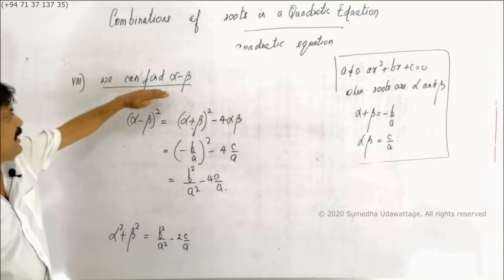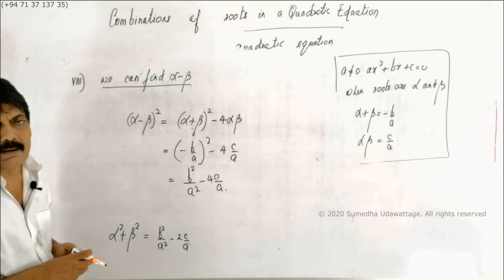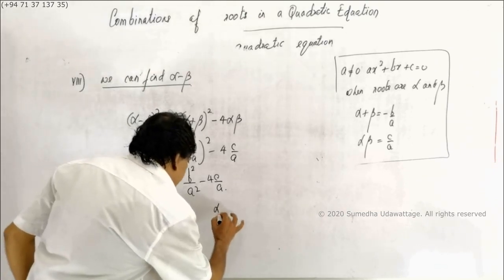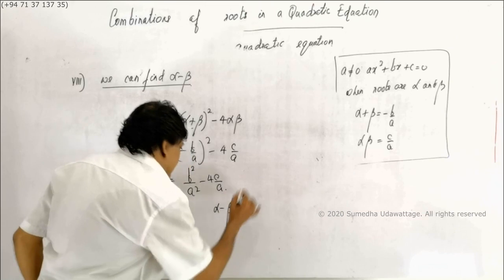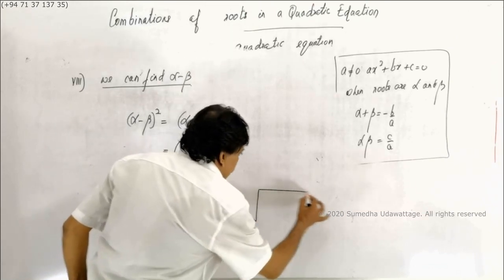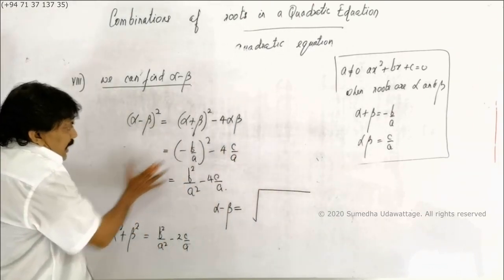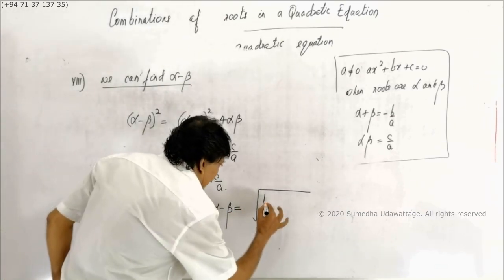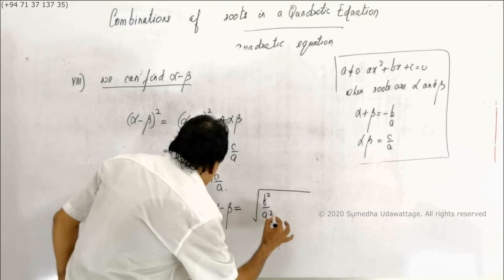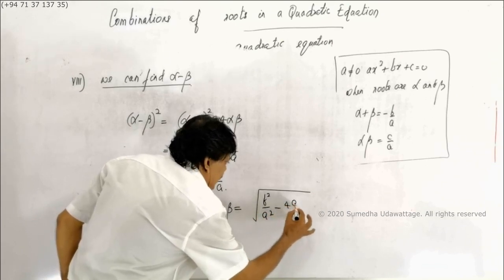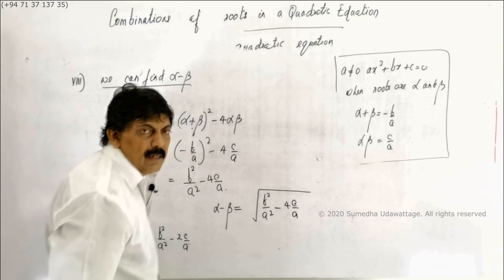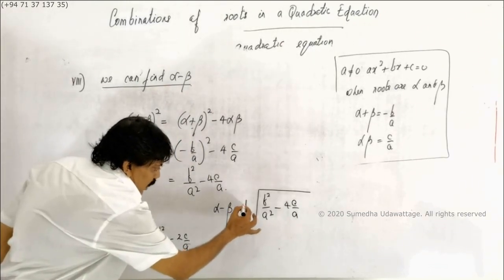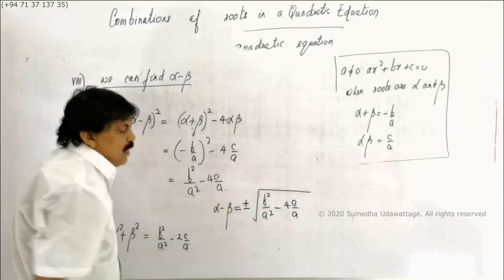What we have to find is alpha minus beta. Taking the square root, alpha minus beta equals the square root of b square over a square minus 4c over a. And surely you know that when taking the square root, you put plus or minus.